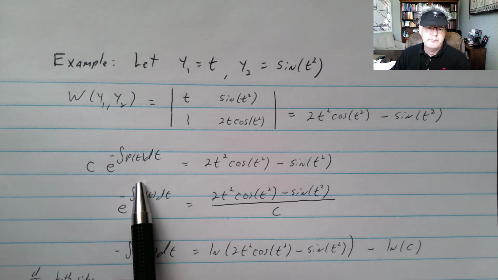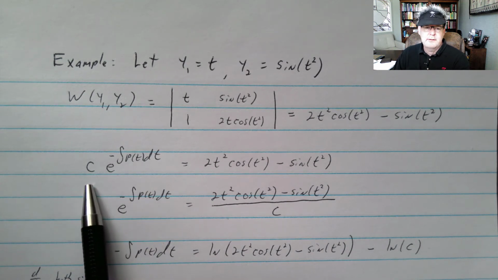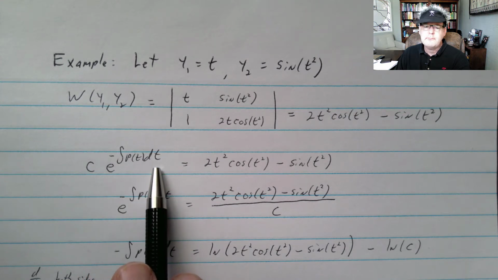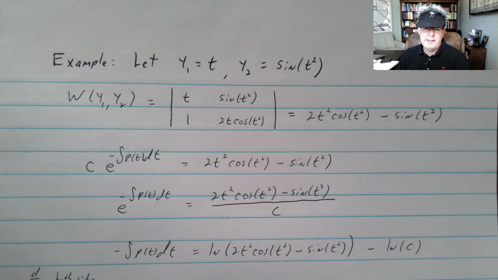Then by that version of Abel's theorem, I know that the Wronskian must be some multiple of e to the negative antiderivative of p of t dt. So I'm going to use this to find p of t.